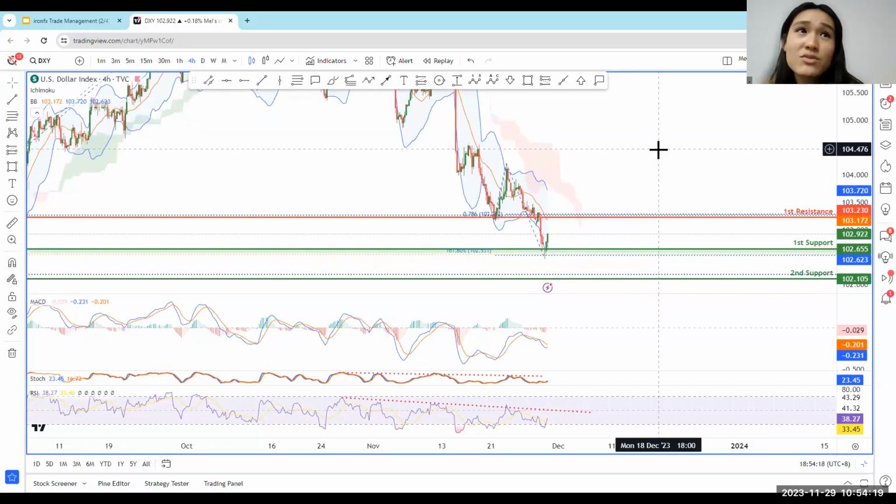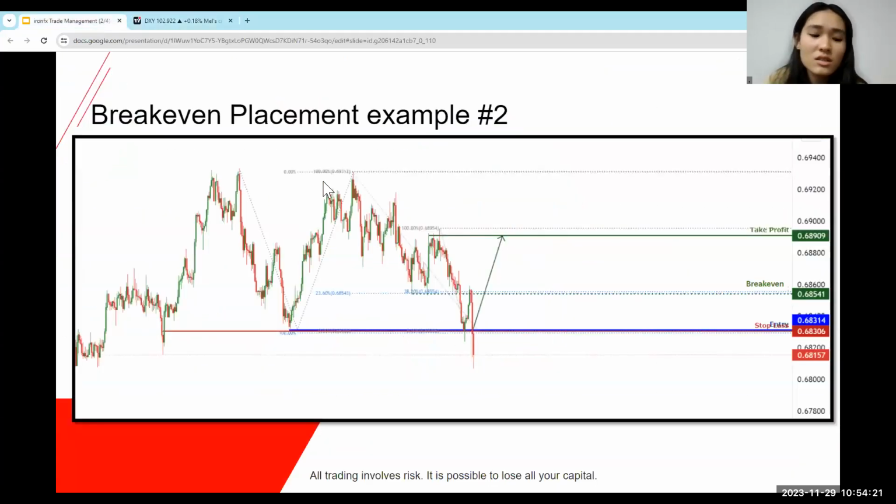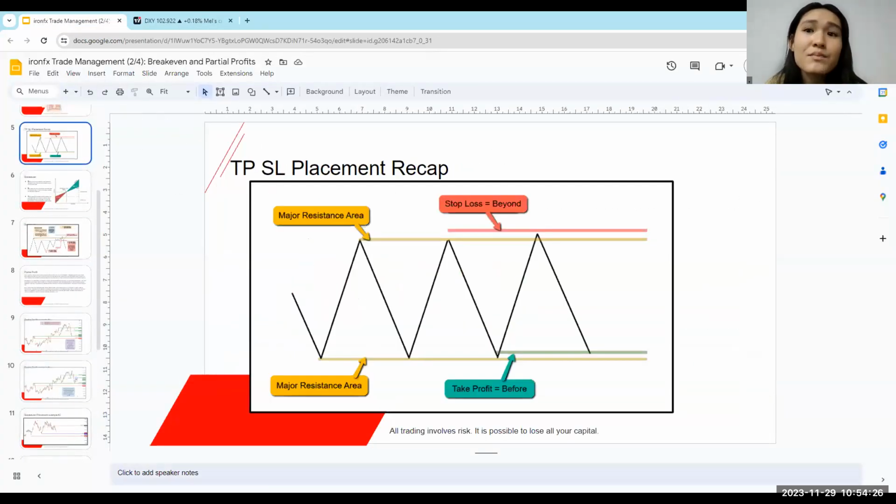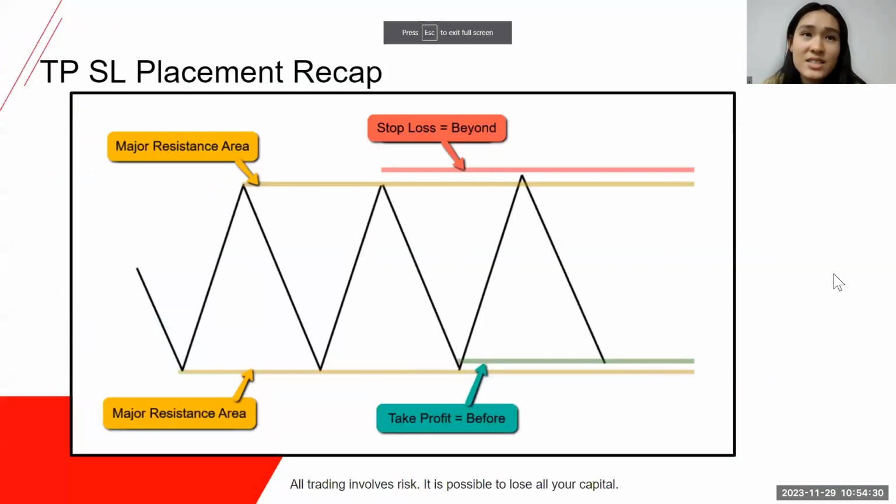So I would just follow this rule where, after identifying the resistance area and the take profit and stop loss levels, or the confluence areas, whatever you have identified as a significant area to take note of, I will go in and place my stop loss beyond it and my take profit before any major resistance area or confluence area.